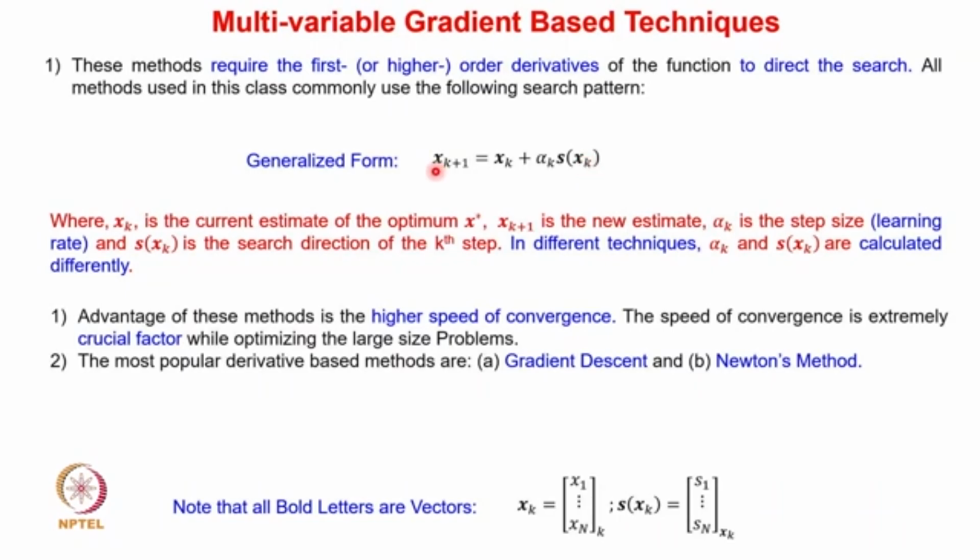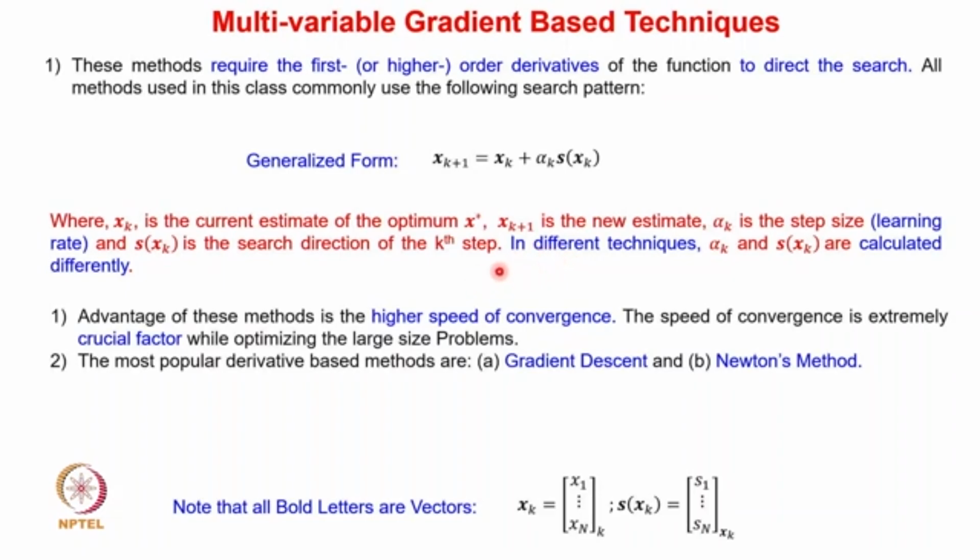When I say x, this x includes all decision variables x1, x2, x3 all the way to xn, isn't it? All these decision variables calculated at the k plus 1th iteration are clubbed in this single vector shown by a capital X.